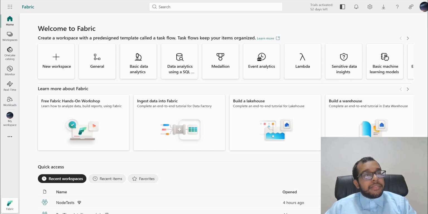Fabric is built from the ground up for modern analytics and the era of AI. Instead of layering new capabilities on top of fragmented systems, it takes an integrated approach where data, security, governance, and analytics are designed to work together by default.